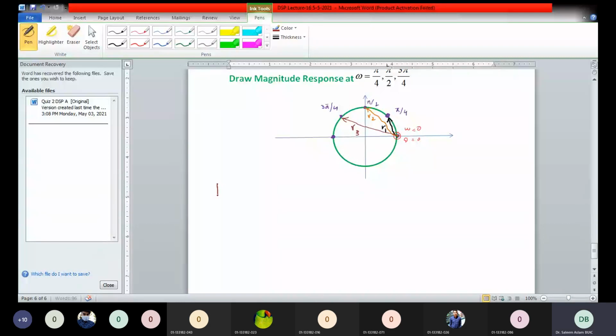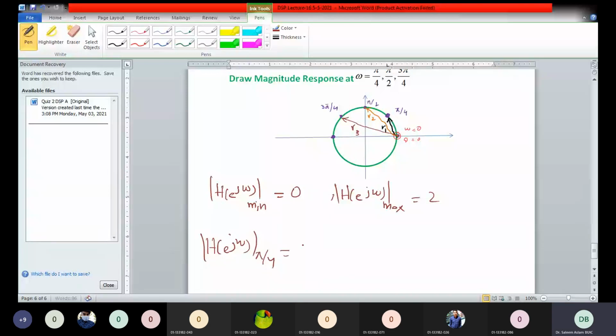Right, so what is H(e^{jω}) at ω min? Again, minimum value जो आपके पास आ रही है, that is 0. What is H(e^{jω}) at ω max? 2. You know, it's 2. What about H(e^{jω}) at pi by 4?